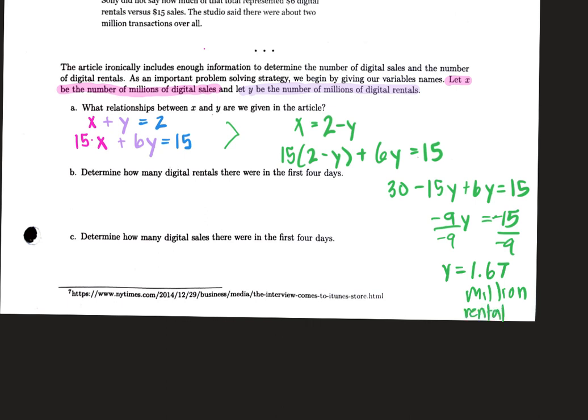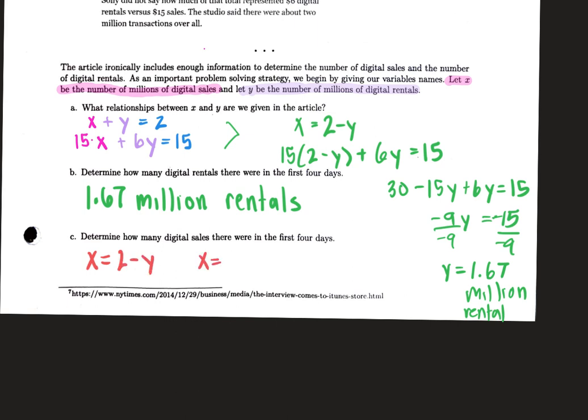Now I solved for y first because that was the first part of the question. So 1.67 was our y, and rentals was our y. Okay, so there we go. Now, if we want to figure out what the digital sales were, we just use the equation x equals 2 minus y.